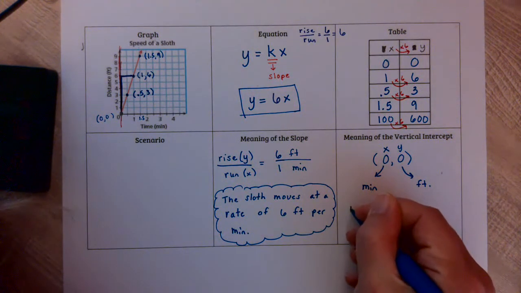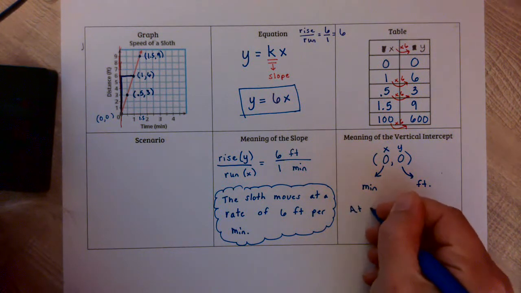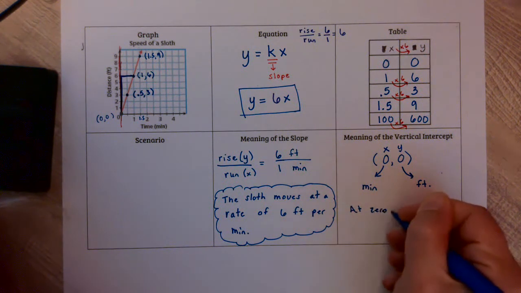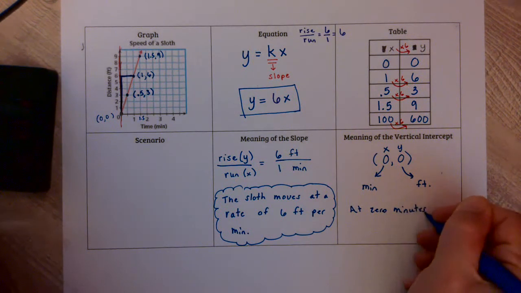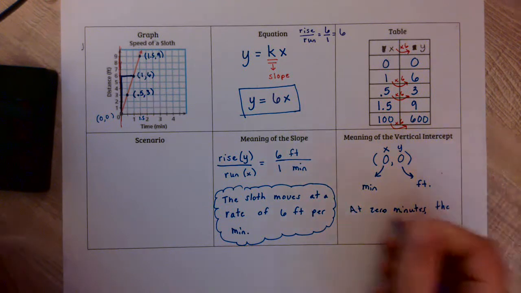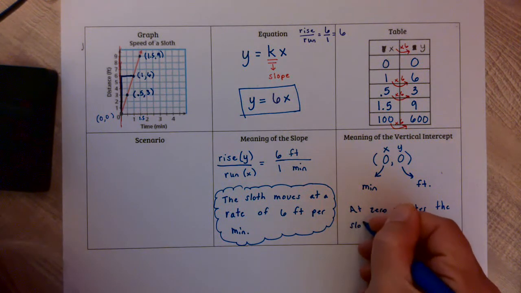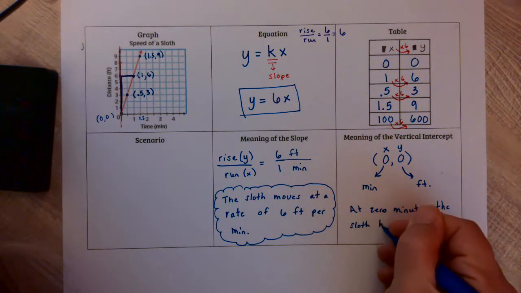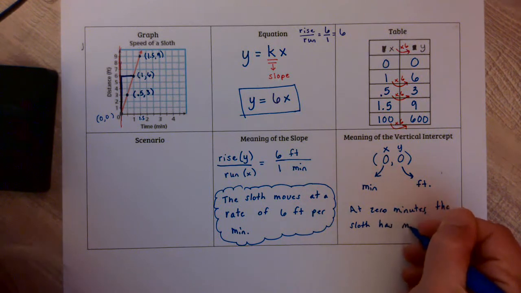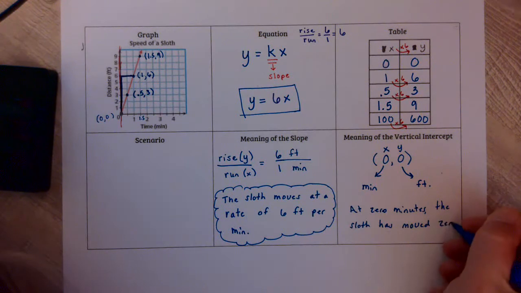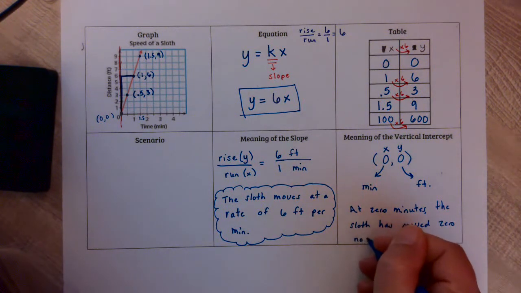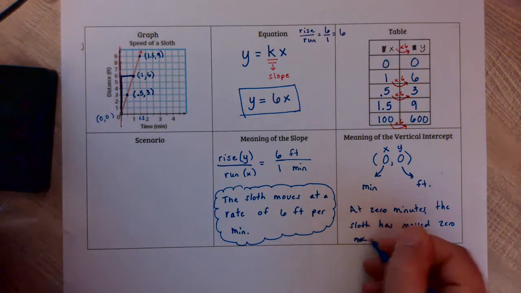So we put this into a sentence. The meaning: at 0 minutes, the sloth has moved 0 feet or no feet.